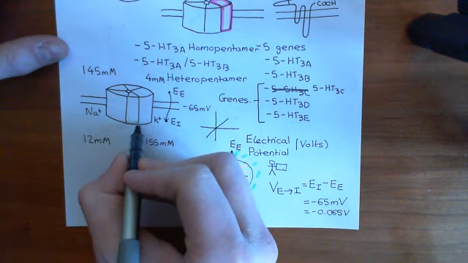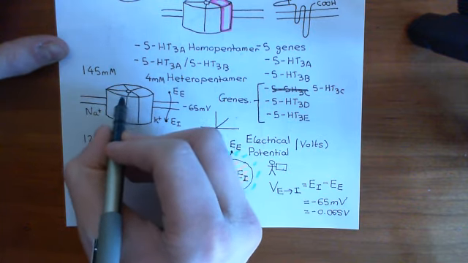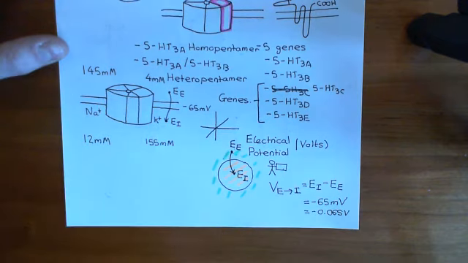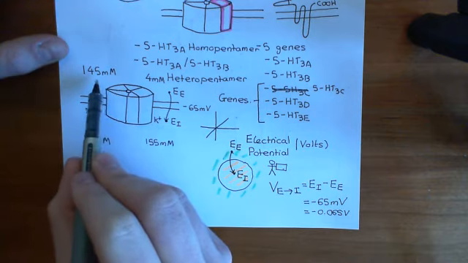So if this channel is roughly equally permeable to sodium and potassium ions, we now want to work out which direction sodium and potassium are going to move, and which of those is going to be the more important movement. Let's start with sodium.